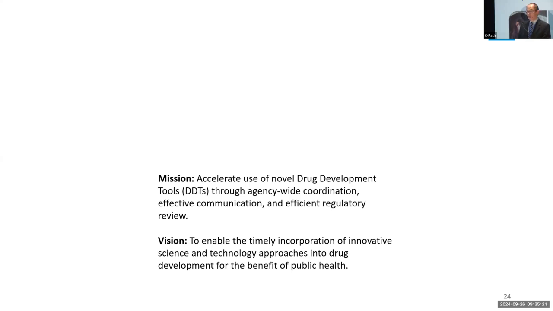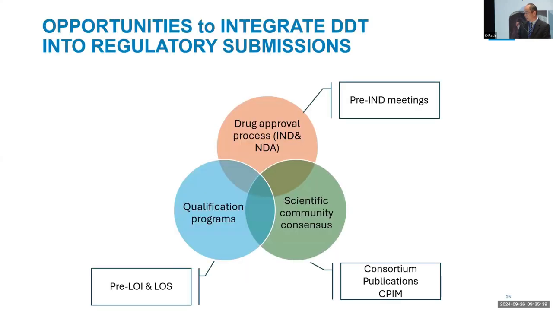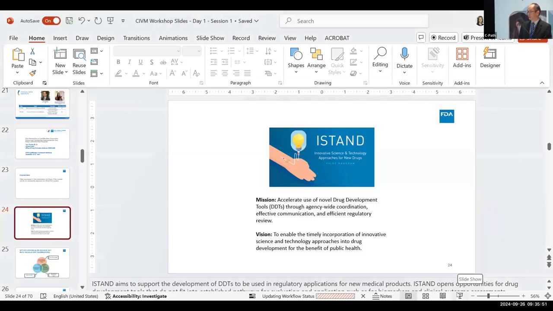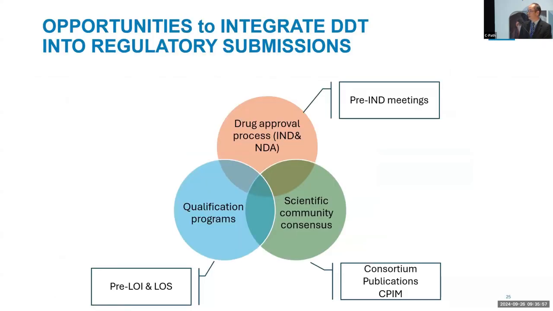But FDA has been approached with other sorts of DDTs, and we thought that creating a door for accepting such new technology might be helpful for the community, and we have done so. Today, my talk is mostly focused on qualification, but I just wanted to mention that qualification does not stand alone. We have all sorts of other components coming into play when we accept new data into regulatory review.